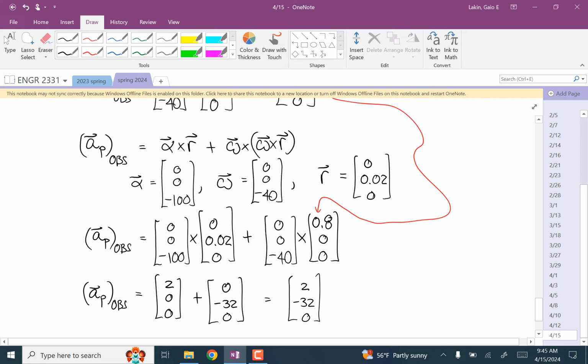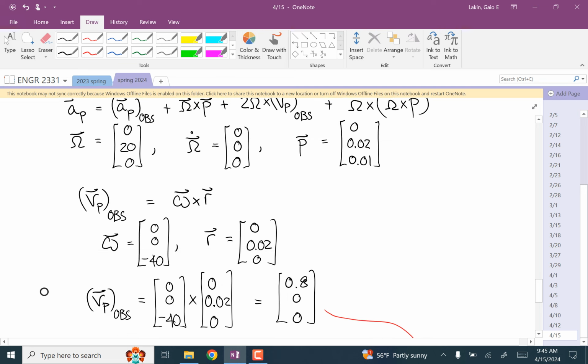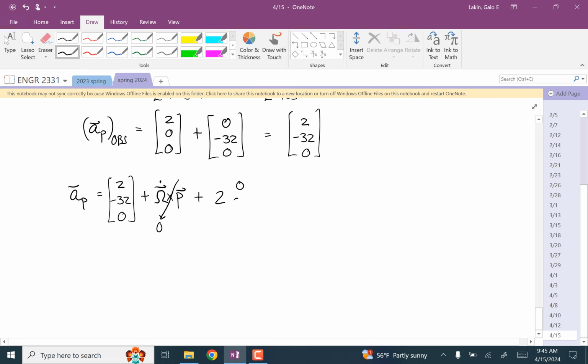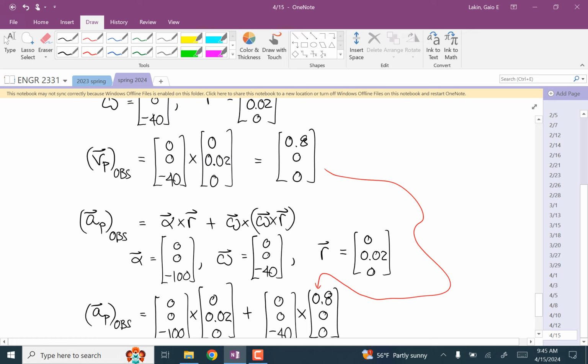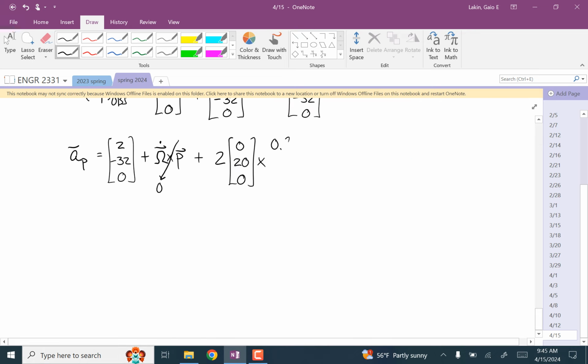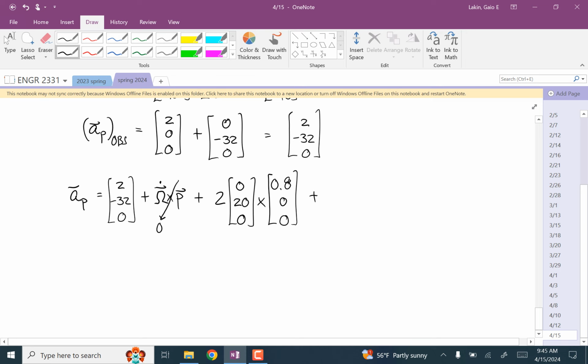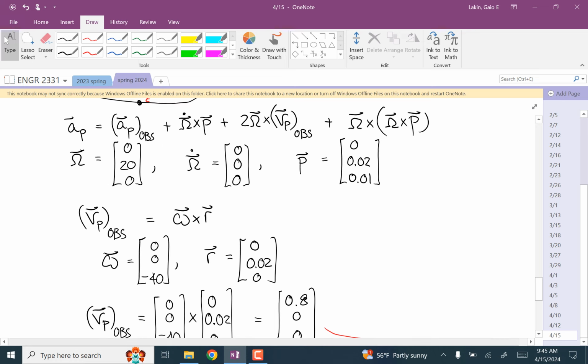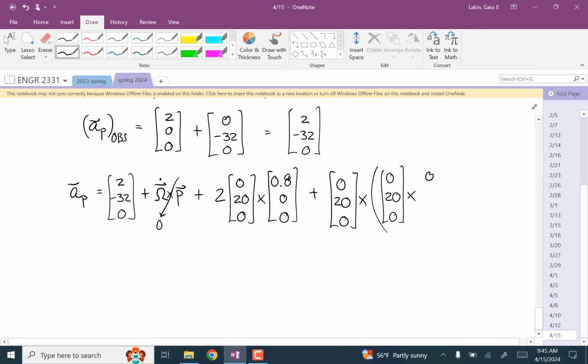Plus 2 times capital omega crossed with that observed velocity, plus 0, 20, 0 cross quantity 0, 20, 0 crossed with the P vector, 0, 0.02, 0.01.